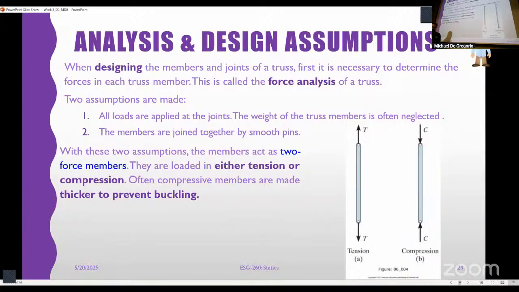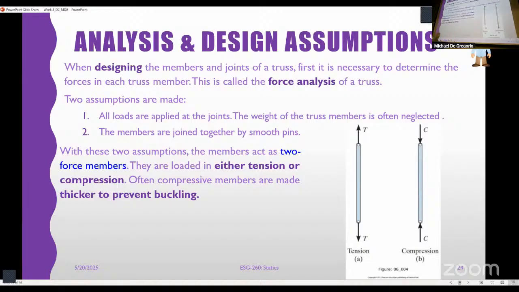Okay, analysis and design assumptions. When designing the members and joints of a truss, first it is necessary to determine the forces in each truss member. So we do a force analysis. Two assumptions are: first, all loads are applied at the joints, and the weight of the truss member is neglected. That's actually two assumptions in the first assumption, right?